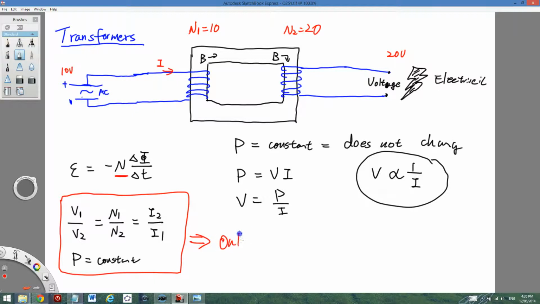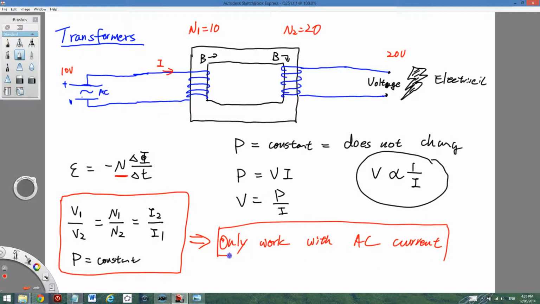Transformers only work with AC current. It does not work with DC current because a transformer relies on Faraday and Lenz's law. Faraday told us electricity can be induced only when there's a change in magnetic field over time.